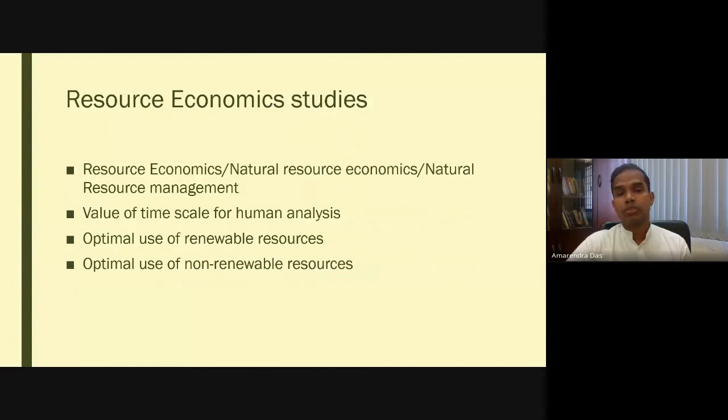How should we use the non-renewable resources? And how should we optimally use the quasi-renewable resources? What kind of regulations can we use for this? Those are studied within the field of resource economics or natural resource economics. This is also sometimes called natural resource management. This subject is taught under different names, but those are basically its subject matter.